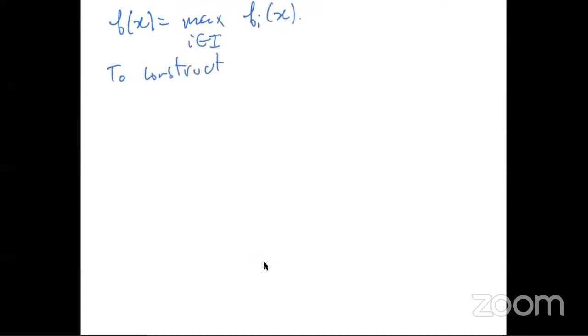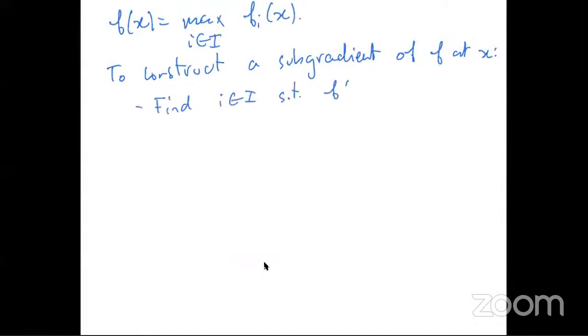If f of x is the max over i in I of some other functions f_i of x, then to construct a subgradient of f at x, you find i in I such that f of x equals f_i of x.